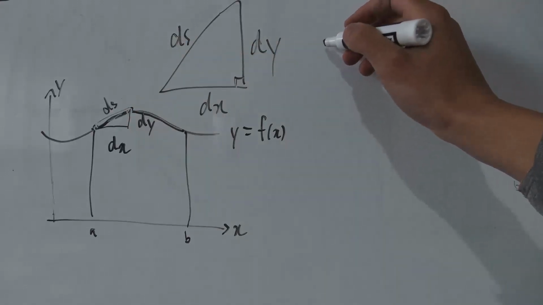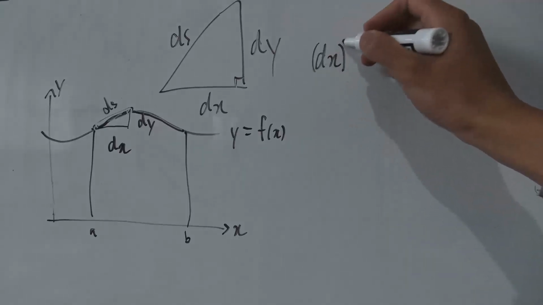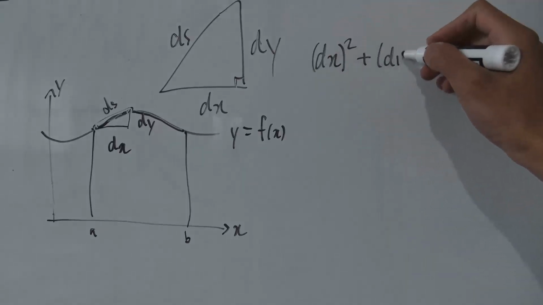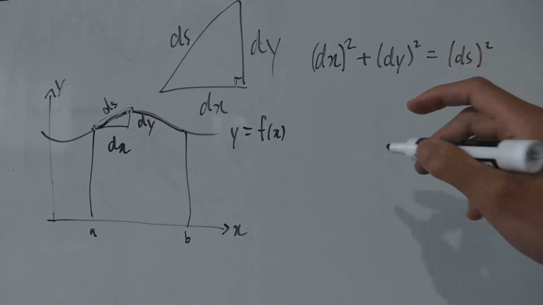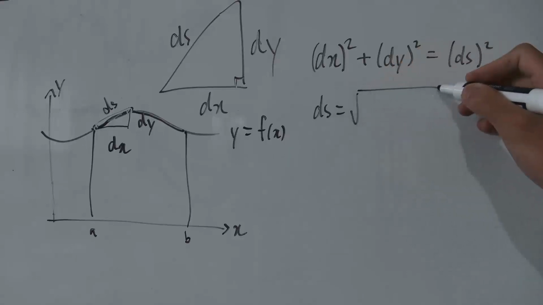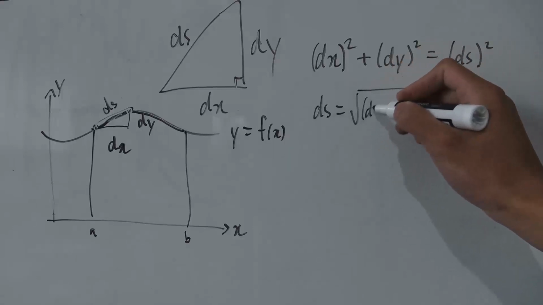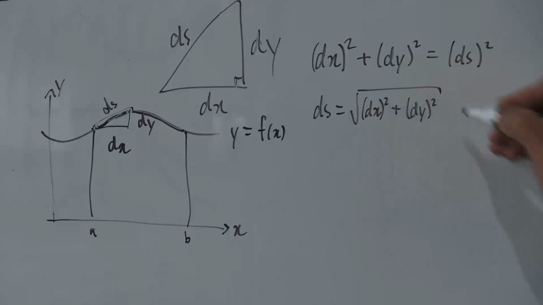We have dx squared plus dy squared, and that's exactly our ds squared. We want to isolate ds, so let's take the square root on both sides. We have ds is equal to the square root of dx squared plus dy squared.